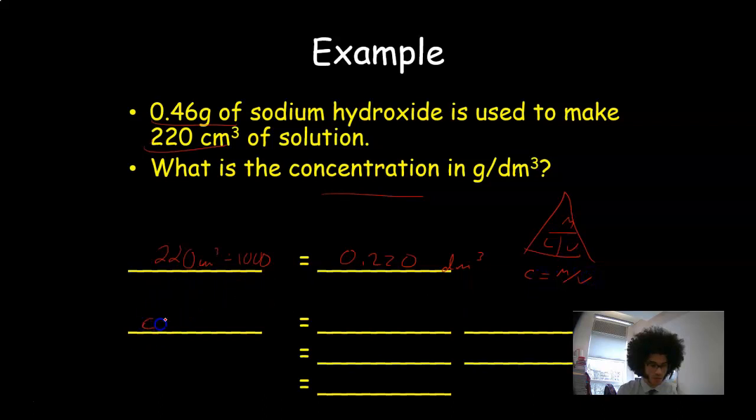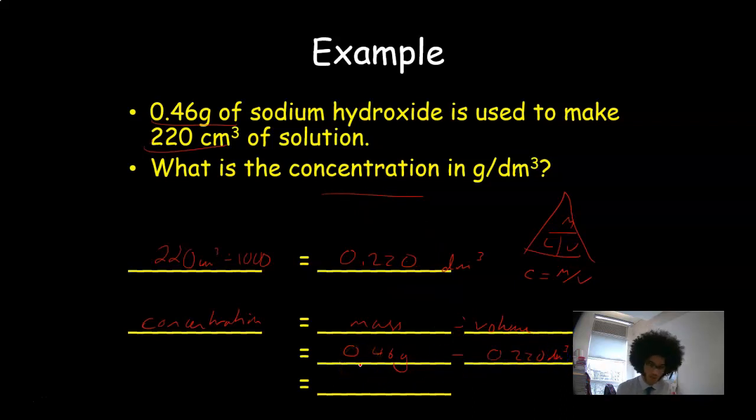So concentration equals mass divided by volume. My mass is 0.46 from the question, which I underlined, and my volume is 0.220. Note I'm using the correct unit.